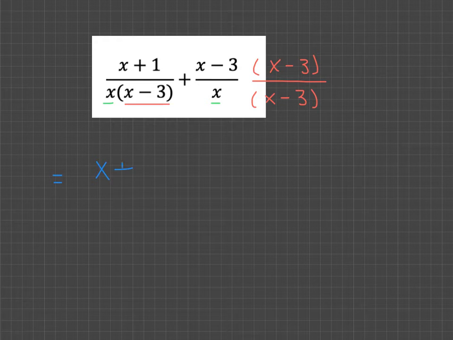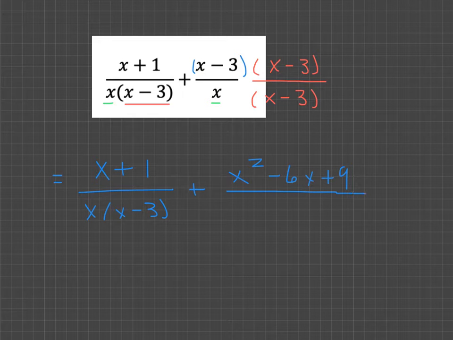So we have x plus 1 over x times x minus 3 plus, now distributing or doing FOIL, we're going to get x squared minus 6x plus 9. And in the denominator, we now have the same factors as we did in the first rational expression.